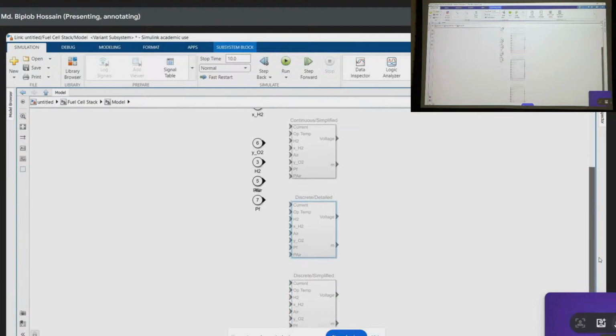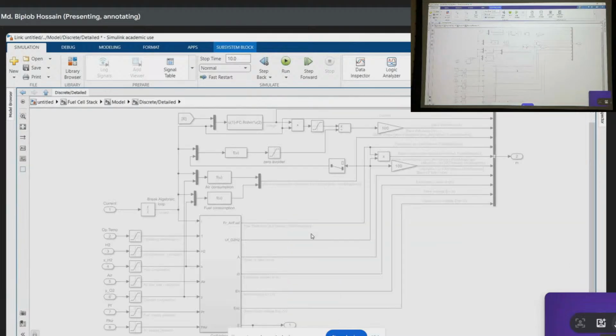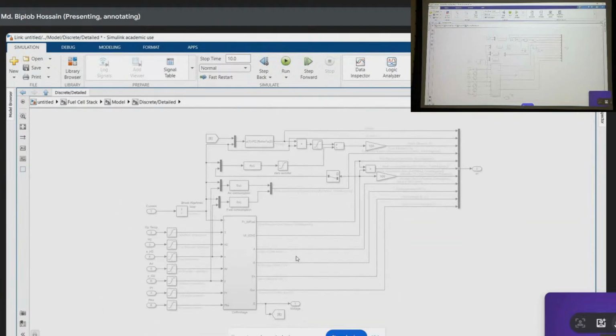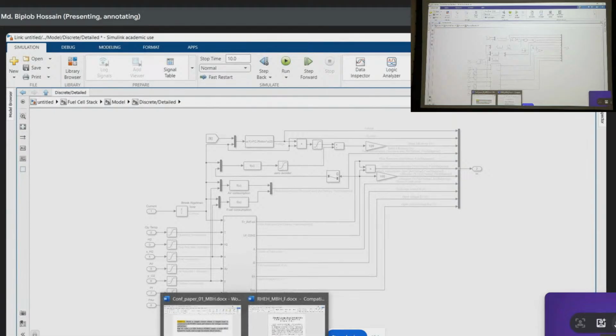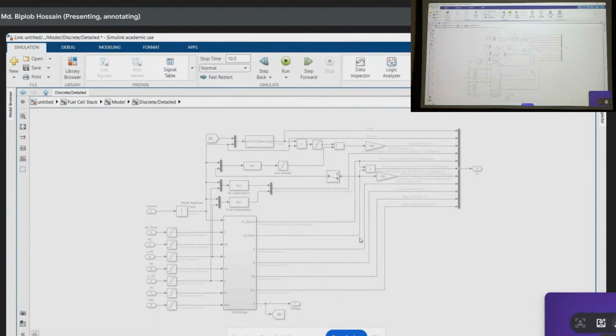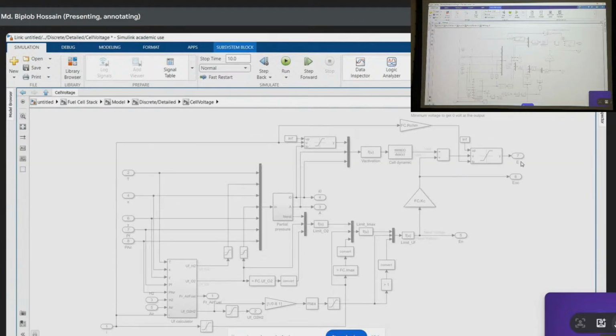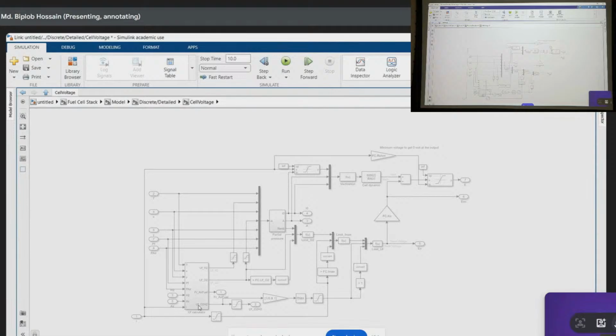If you click this one, you see these all are the inputs. That means if we go back to these equations, there are a lot of input variables, and based on them an output variable. This is actually the voltage, utilization factor calculator, partial pressures calculator. All things are given inside this.